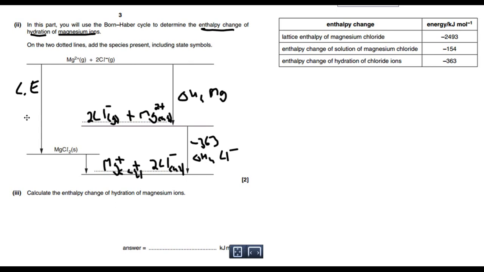Well, we've got our Born-Haber cycle. We know this is going to be minus 2493. It's going to be minus 363 times 2, because we've got 2 moles of it. And this over here is going to be minus 154.